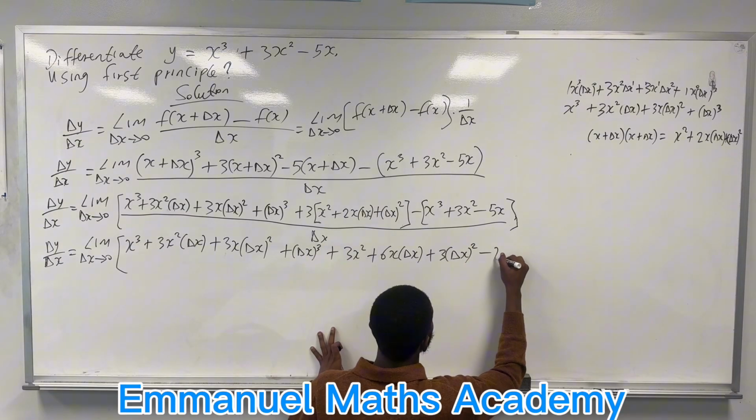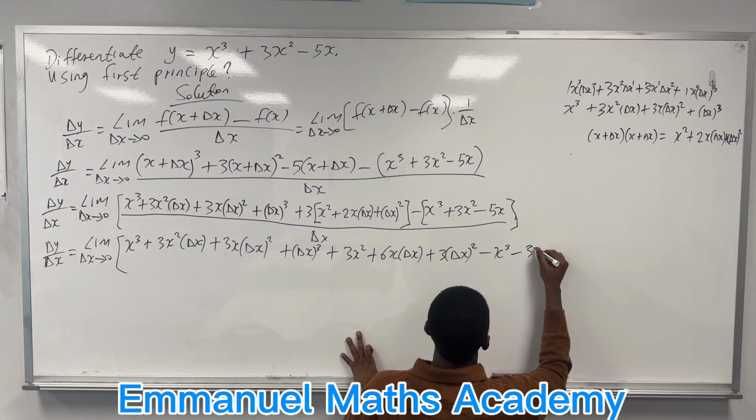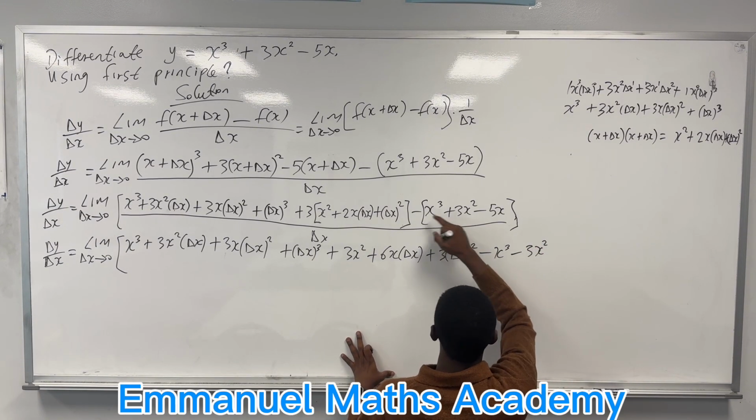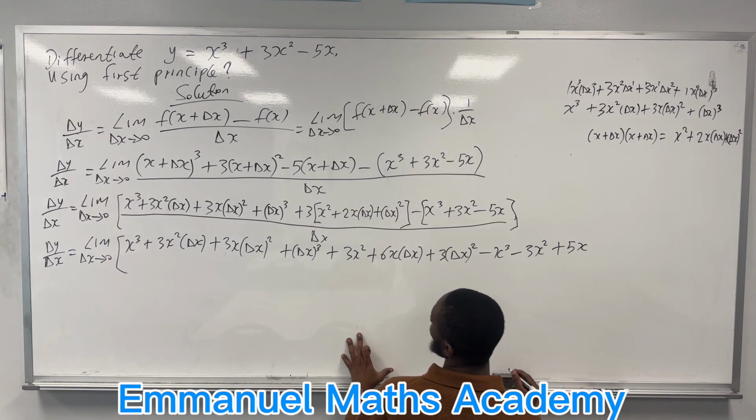Here we have minus x power 3 minus 3x squared. Minus times minus will give you plus here. So plus 5x. Right?